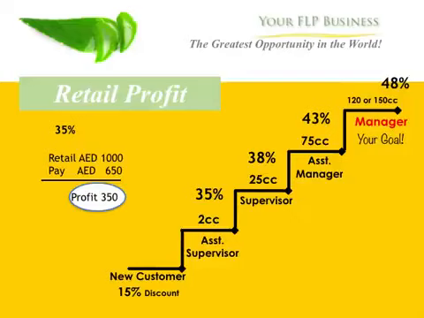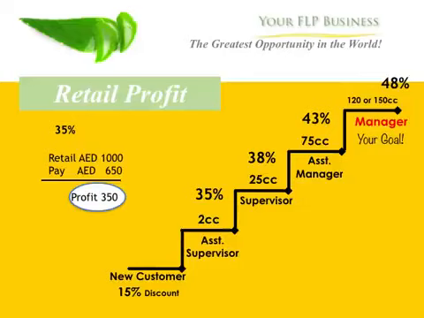First, retail profit. Retail profit is simply buying products at a discount and selling it at original price. So whatever the difference is, that is your retail profit. Let's say you have reached the business level, accumulated products worth 2 cc or 2 points. Therefore, you will be called an assistant supervisor and can now start enjoying 35%.